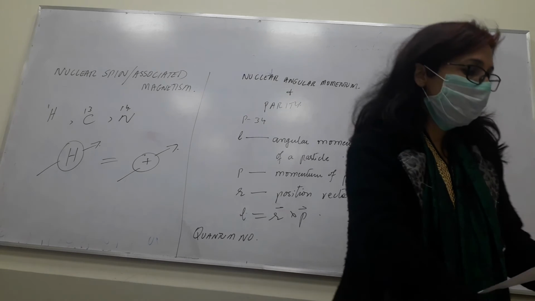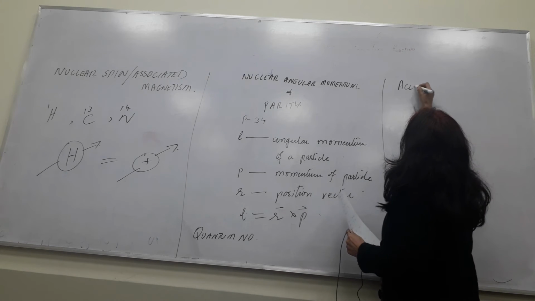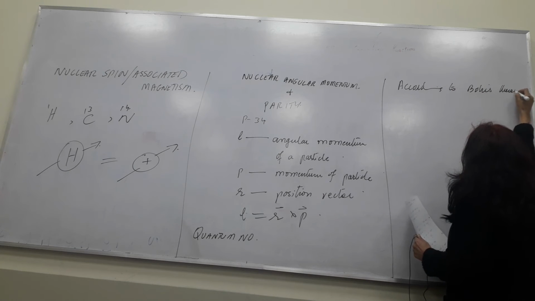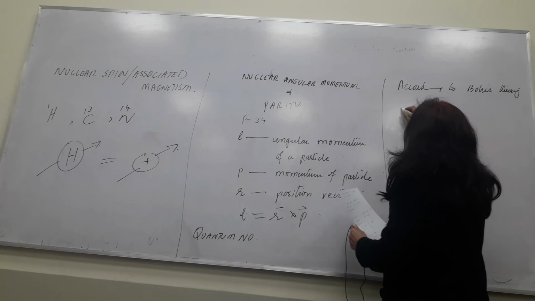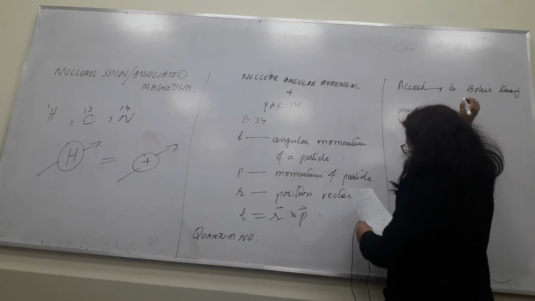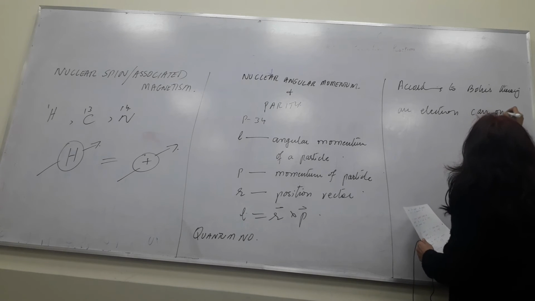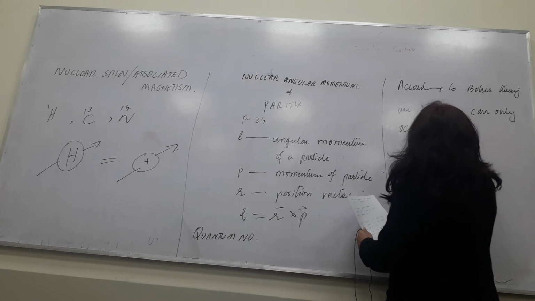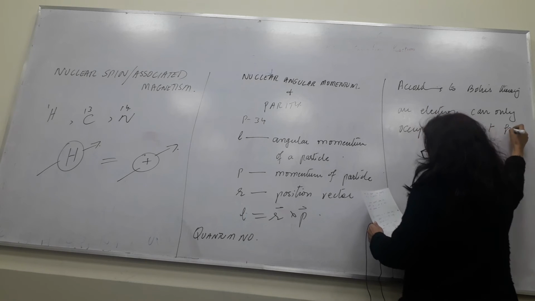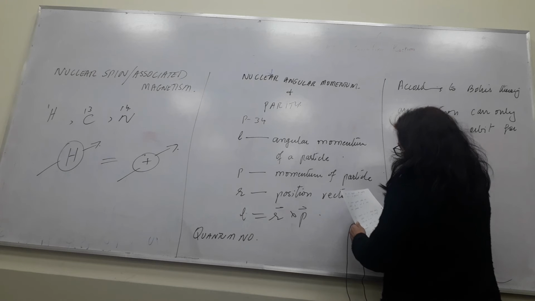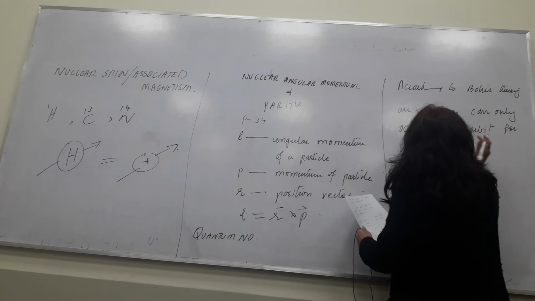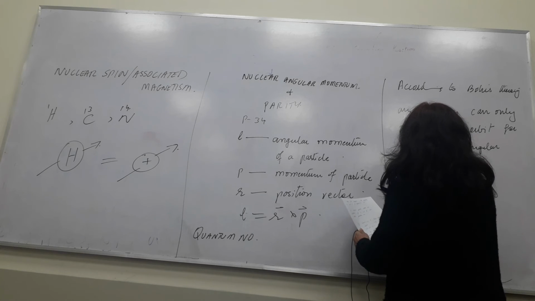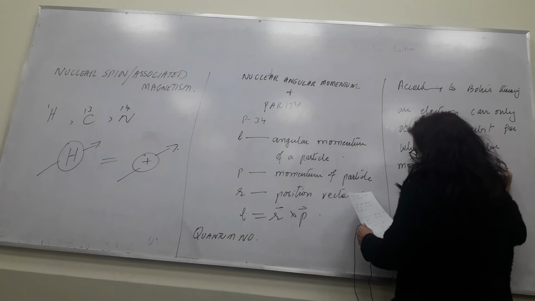So, according to Bohr's theory, an electron can only occupy an orbit for which its angular momentum is nh over 2 pi.